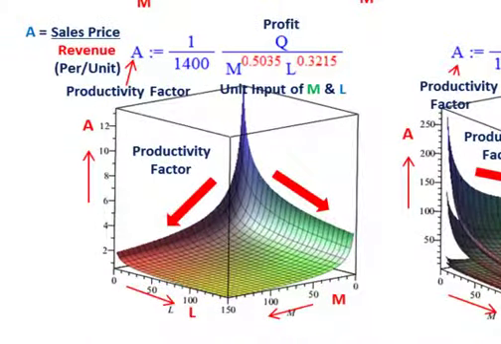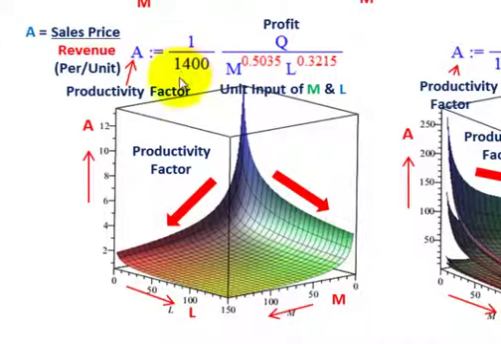And then finally, if we go down here, remember we rearranged that production profit equation, and we isolated, or brought our sales price or our revenue per unit over on this side of the equation, and we had our profit divided by our inputs of M and L. In this case, looking at our productivity on a unit basis, I'm showing where we have our selling price set at $1,400 revenue per unit.